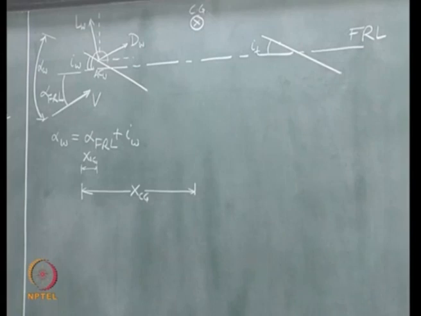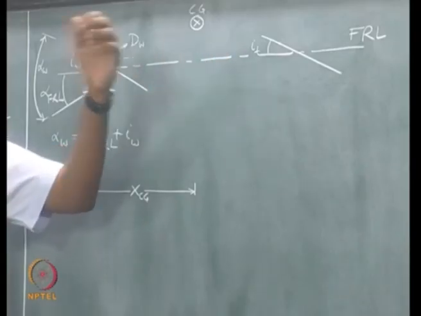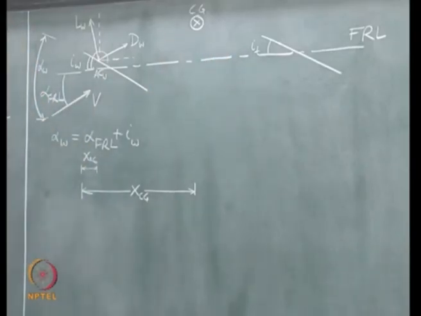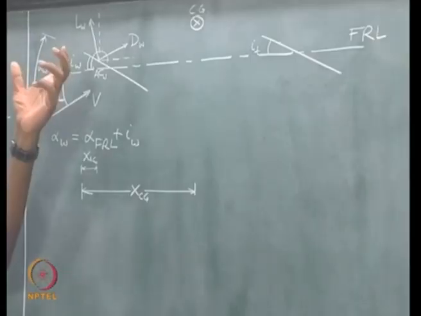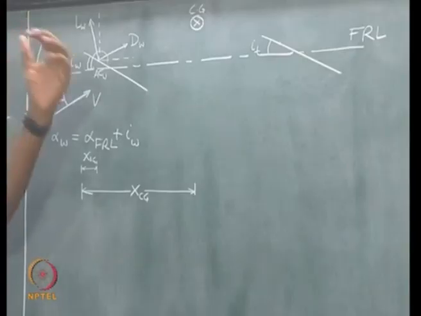All right. So, this part actually we have covered in the last lecture. We are going to focus on the tail now. I just said that because of the tail location, which is in the wake of the wing, we have to account for what is called the downwash angle, and that is because of the tip and the leading edge trailing edge vortices at the wing.